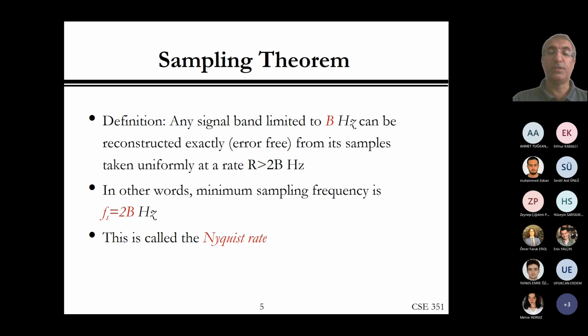So most of the signals in practice are analog, and we need to convert them into digital by sampling, right? But the question is, if you sample a signal, at what rate are you going to sample?